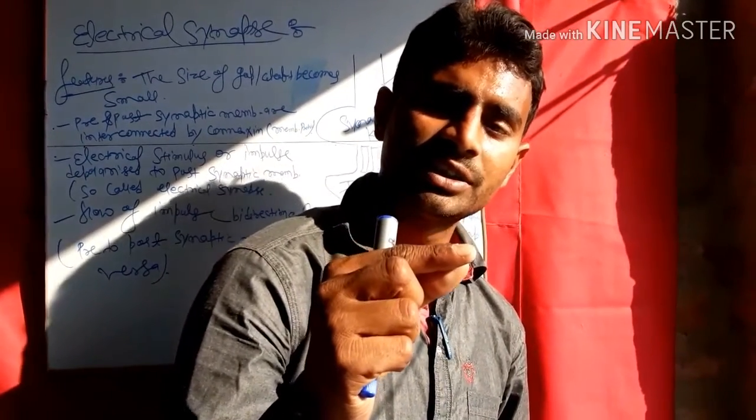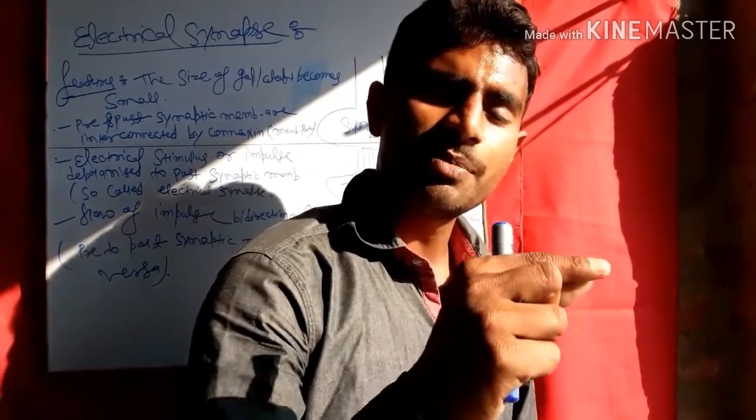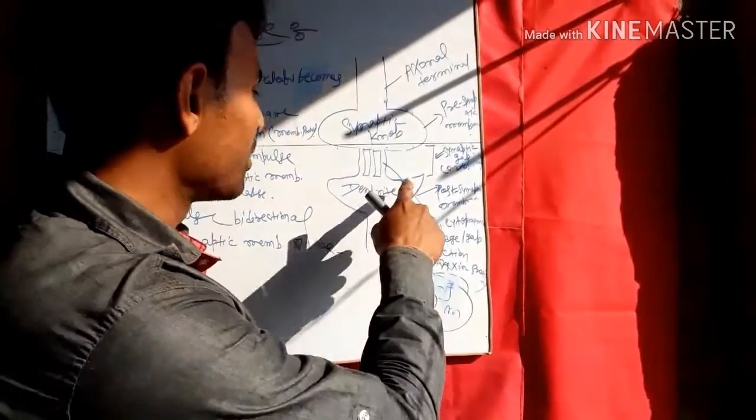That space is called the synaptic cleft, or synaptic gap, as you can see here.